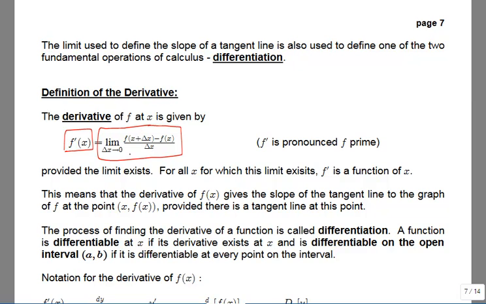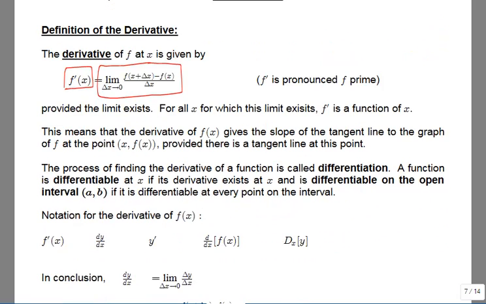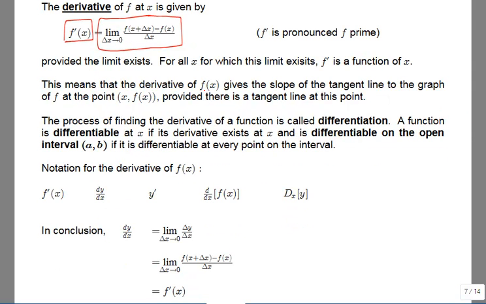Now, because this is a limit, not all limits exist, so sometimes there may not be a derivative if this limit doesn't exist. So this is going to be called the derivative for all x values for which this limit exists. Now, this means that the derivative of f of x gives the slope of the tangent line to the graph of f at the point (x, f(x)), provided there is a tangent line at this point.